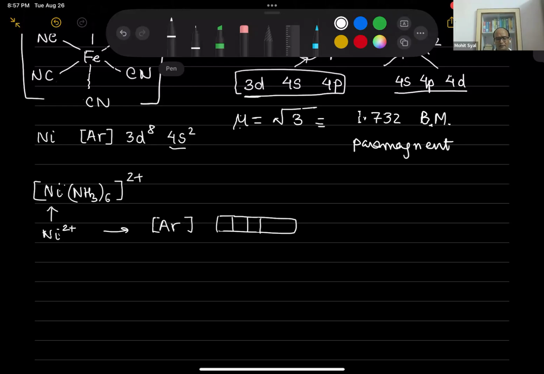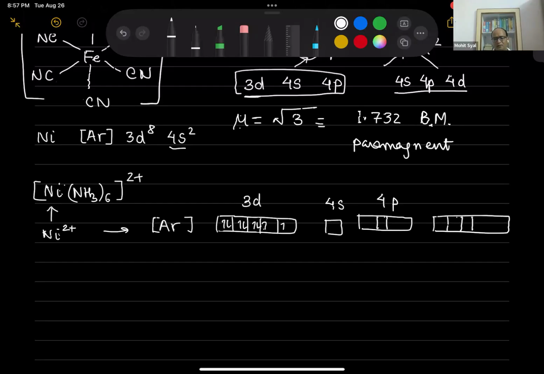Is it clear? 3d has 8 electrons. 4s2 were there, but because you made nickel +2, you need to remove 2 electrons. 4p was already empty, so let it remain empty as of now. And 4d also was empty. This is the electronic configuration of the nickel +2 cation.